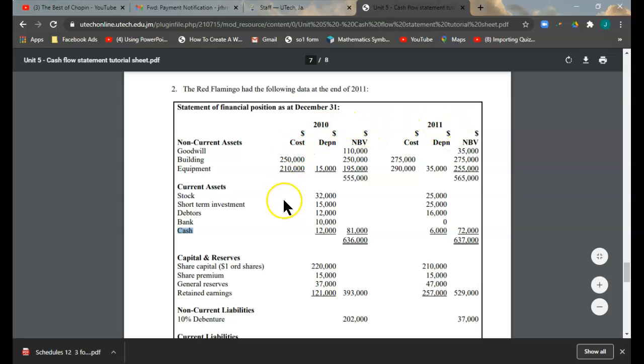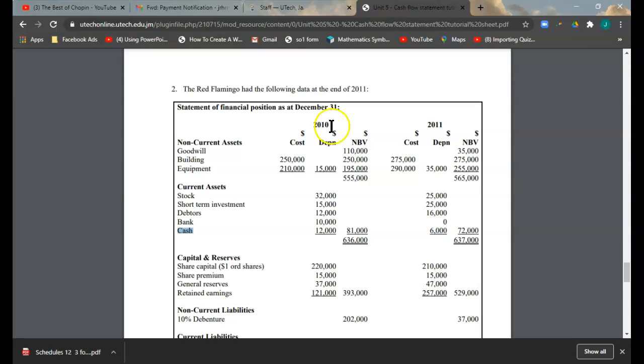But the second statement of financial position, the data for 2010, serves this important purpose. These figures represent the position of the business on December 31st, 2010.